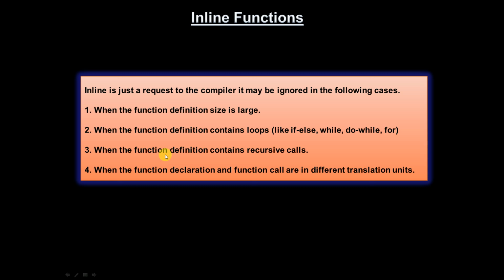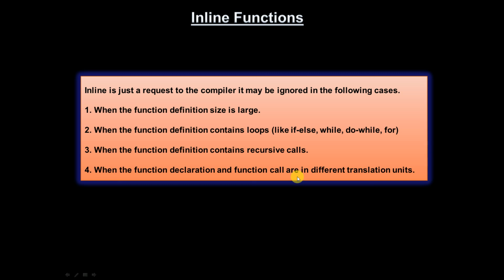And when the function declaration and function call are in different translation units, which means different files, then also the inline will be ignored and it will be treated like a normal function. So macros, whatever is there in the macro definition, will be replaced at the macro call.